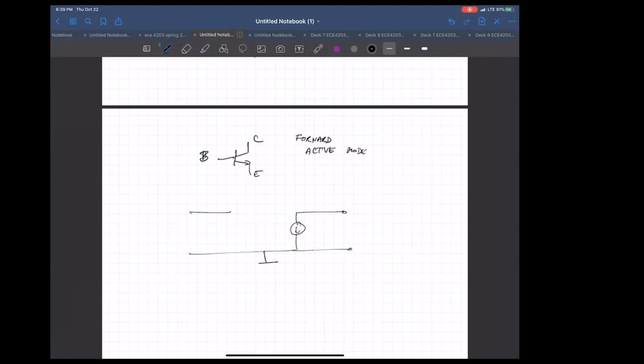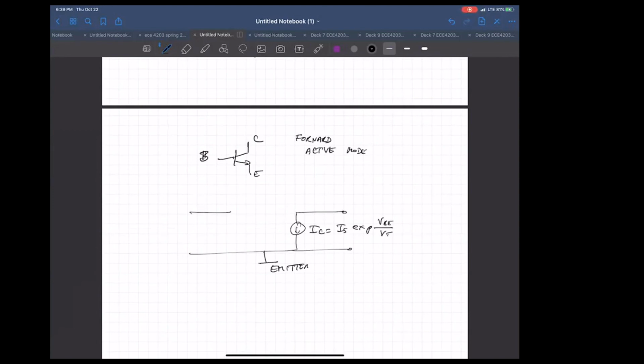So this is the emitter. It's the shared node. This is I sub s exponential of VBE over VT.